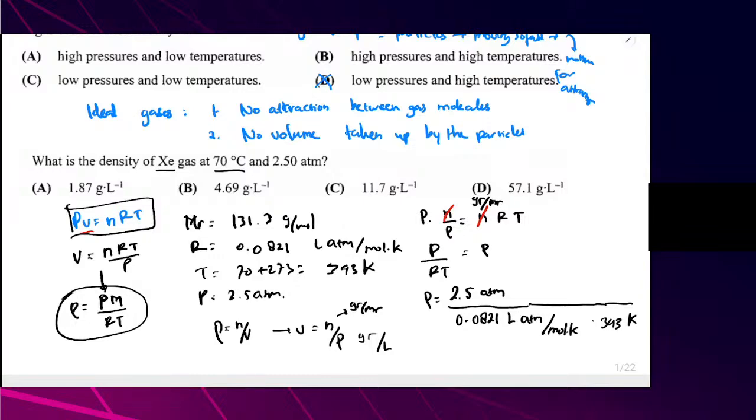If we use the original equation and break it down one by one and derive it, we end up getting this equation.